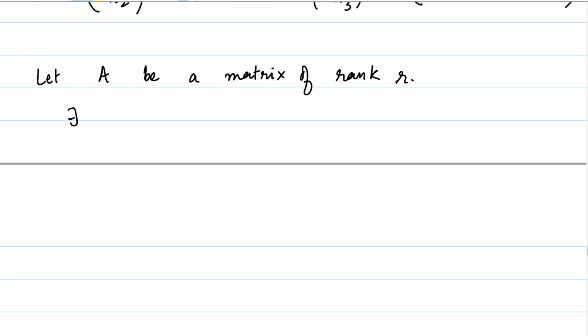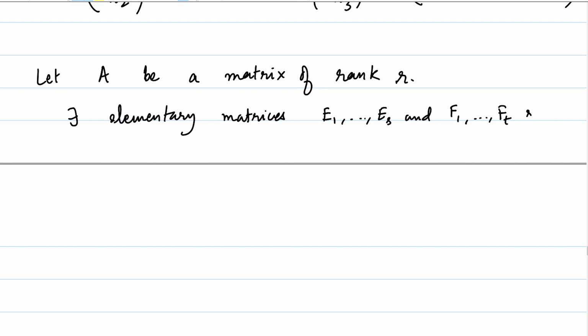That means that there exist elementary matrices E1 to Es and F1 to Ft such that A is equal to E1 up to Es times the block matrix with I_R and zeros, times F1 to Ft.